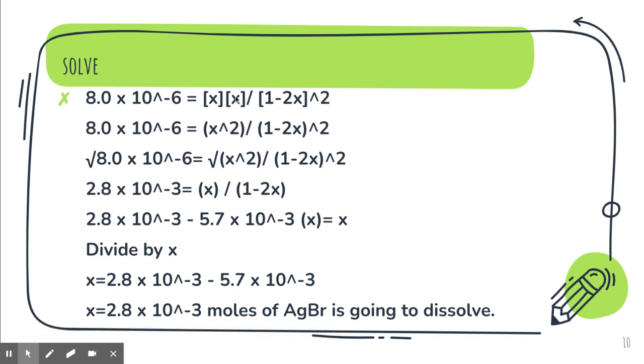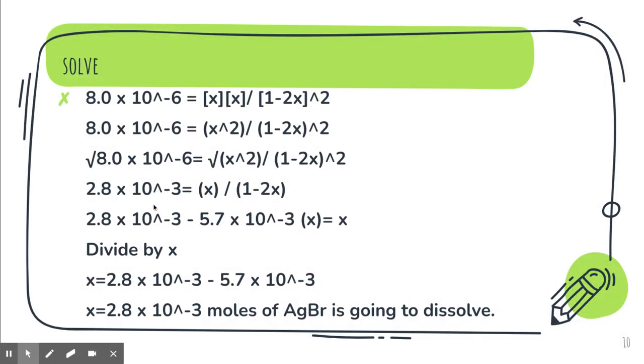Since we have our 2 x's here, we can combine them to get x squared. What was really good about this equation is that we could square root both sides because both of these are squared. So that left us with 2.8 times 10 to the negative 3 equal to x over 1 minus 2x.